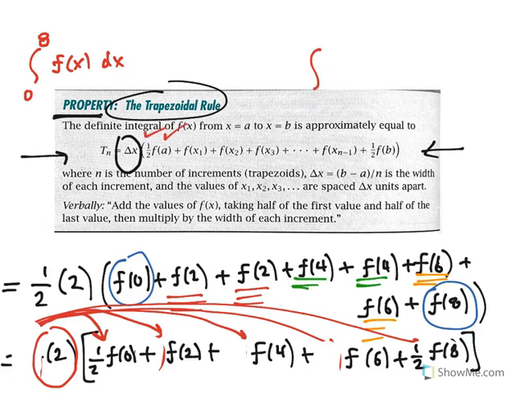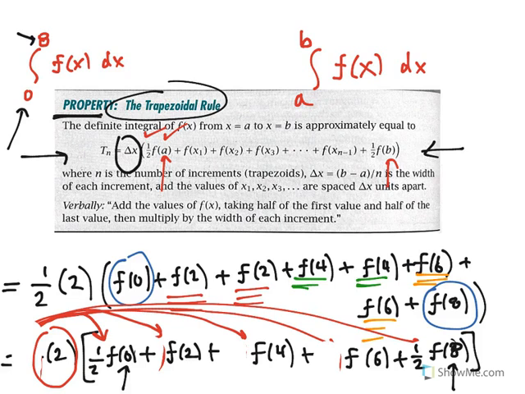A is the lower limit of integration, so this is for the definite integral of f of x dx from x is equal to a to x is equal to b. So that's where the a and the b come from. In our particular example, a is equal to 0 and b is equal to 8. And that is why we have f of 0 here and f of 8 here.